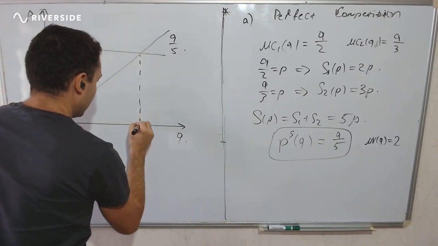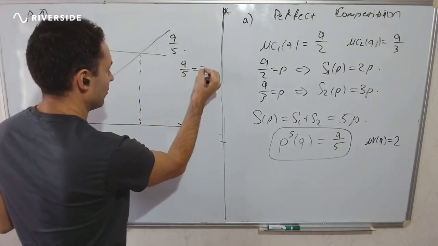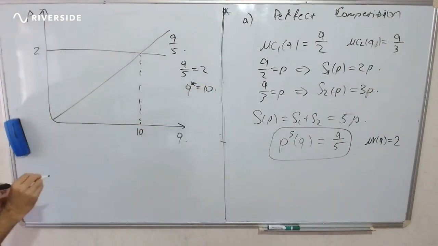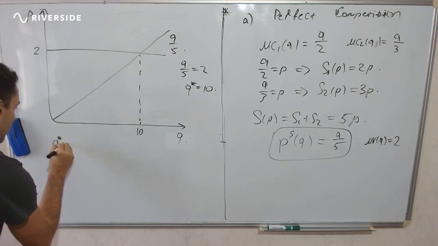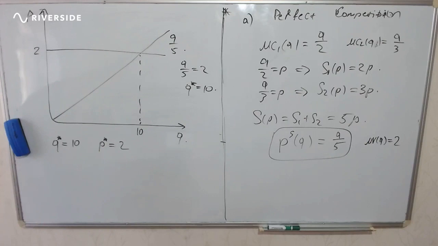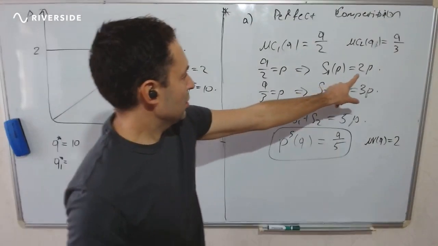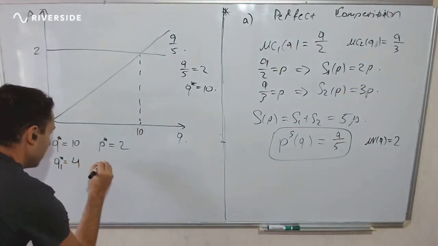Now we need to find this intersection, and obviously Q over 5 equals 2, so Q star must be 10. So that's 10, that's 2. Let's just write it down. So Q star is 10, the price in this market will be 2. Let's calculate individual supplies. Supplier 1 will supply at price 2, so he will supply 4 units.